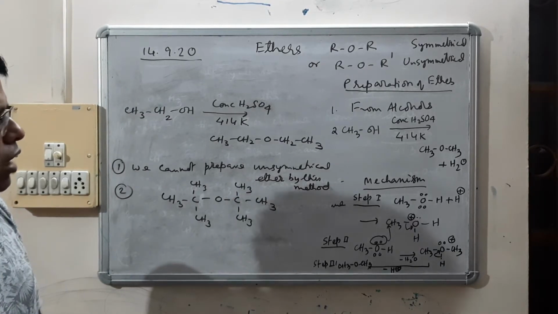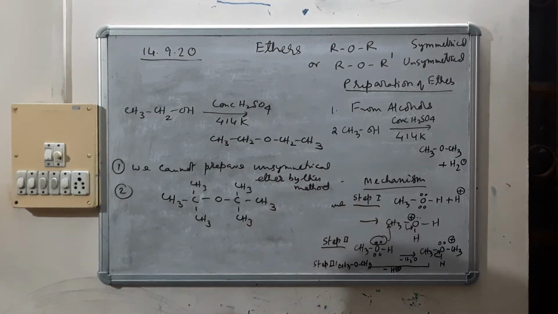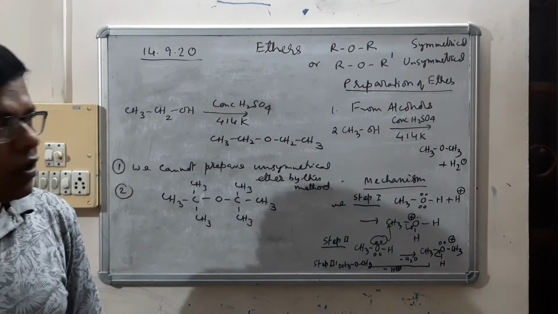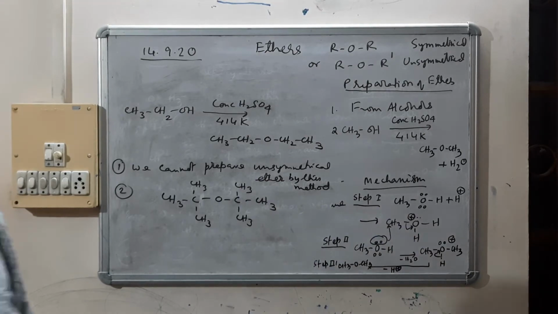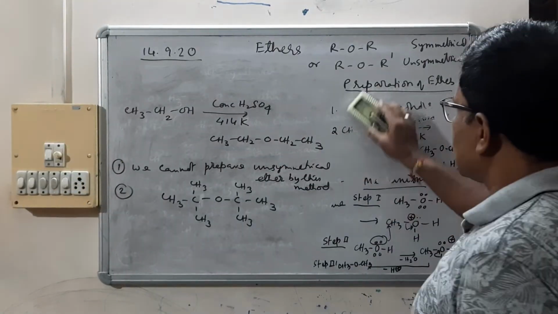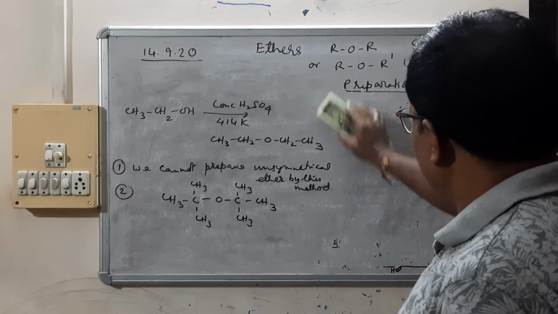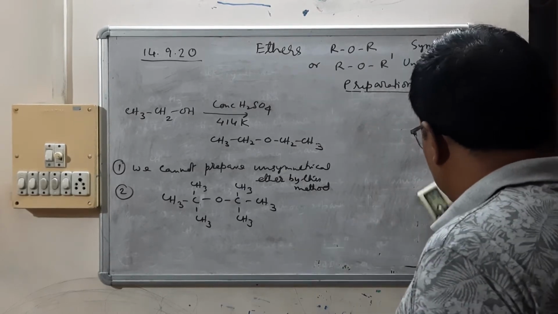Now let us consider another method, which is a much better method, and we can even prepare unsymmetrical ether by this method, and that is a name reaction.